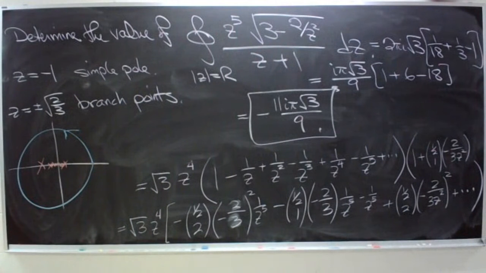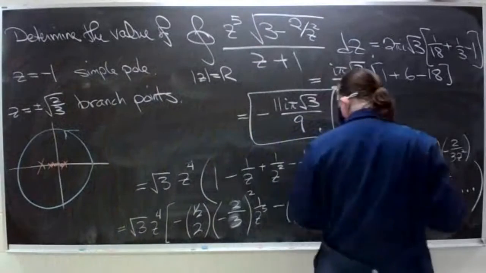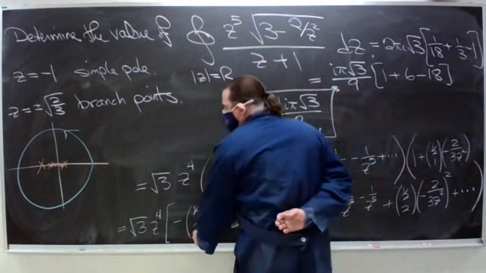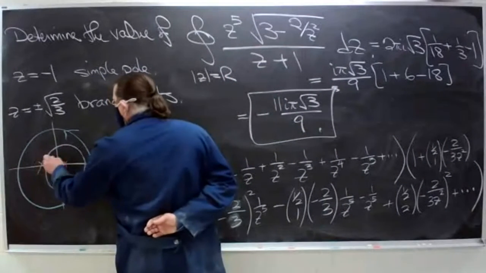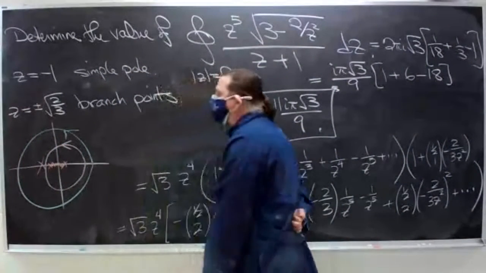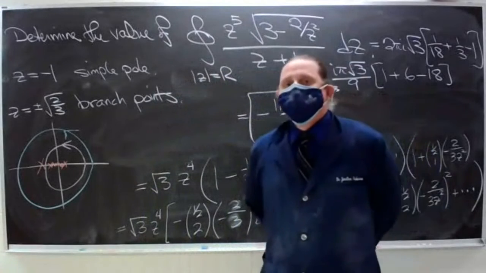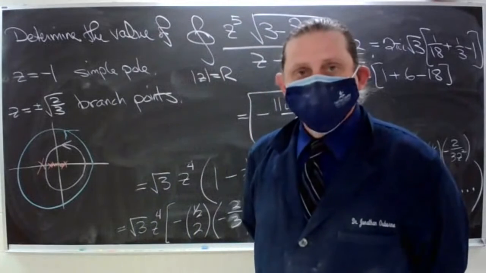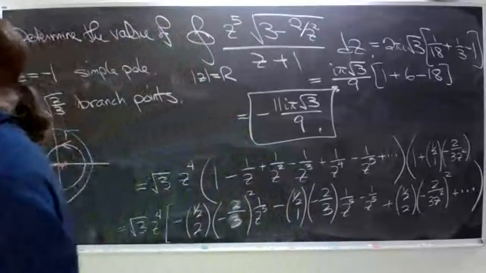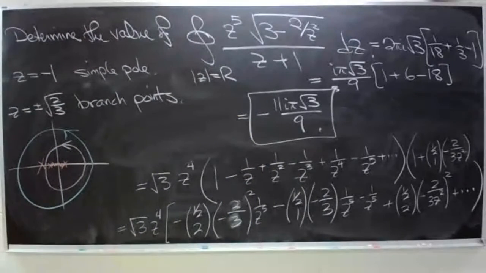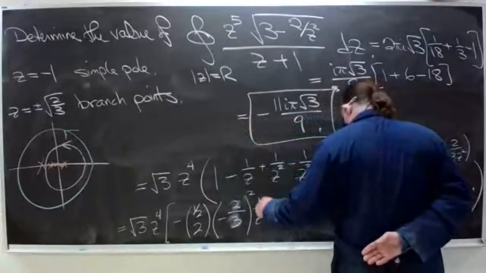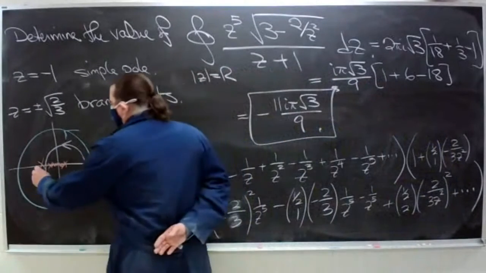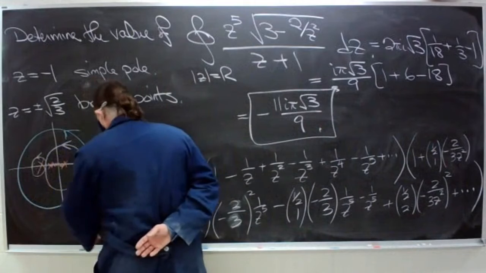What if I wanted another value? Another loop integral. If I wanted this loop integral, how can I determine its value? Well, all that is the integral around C big minus the integral around this little piece there.